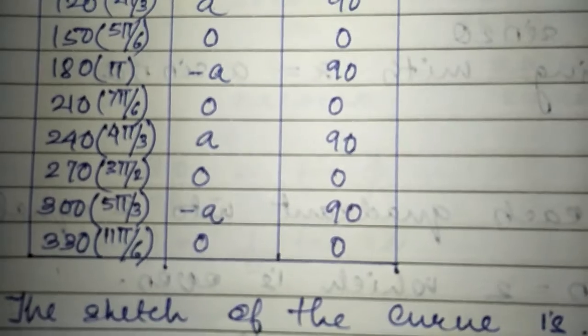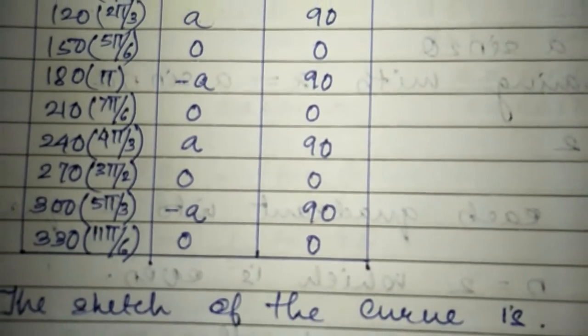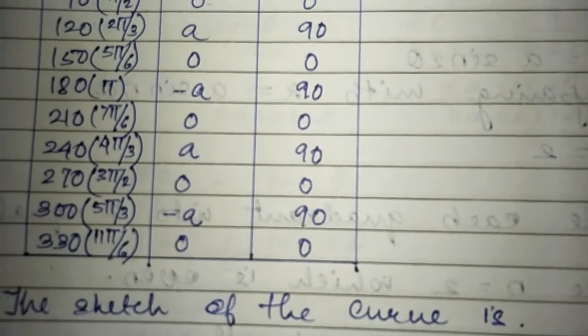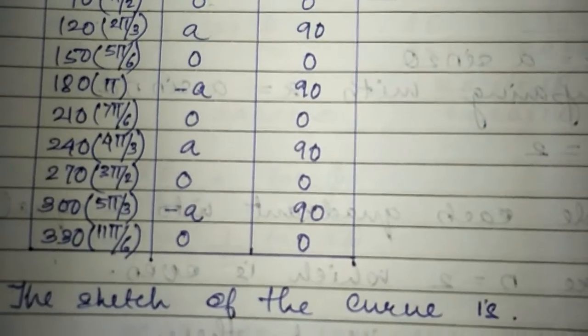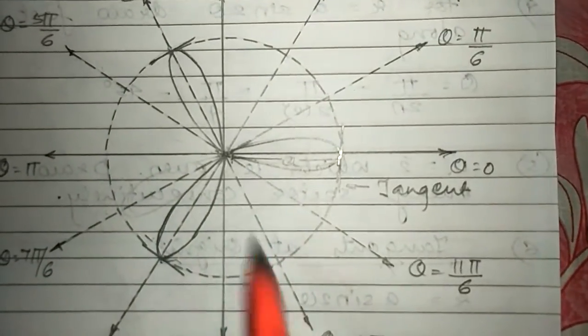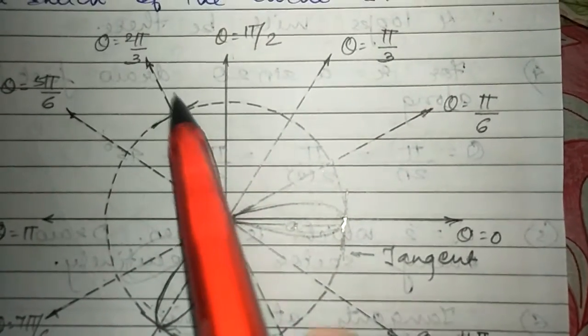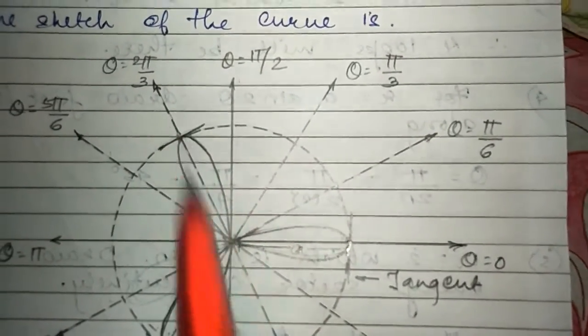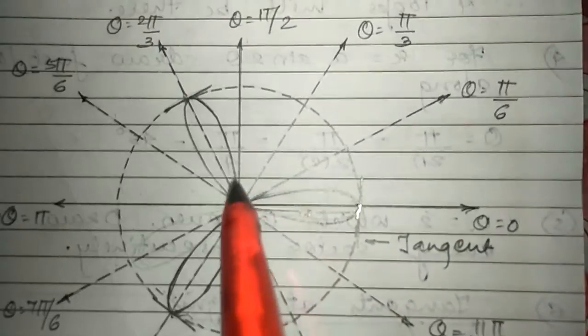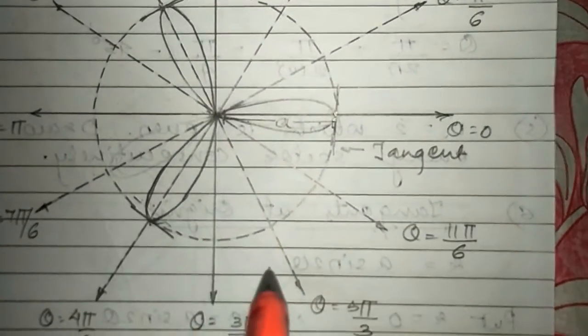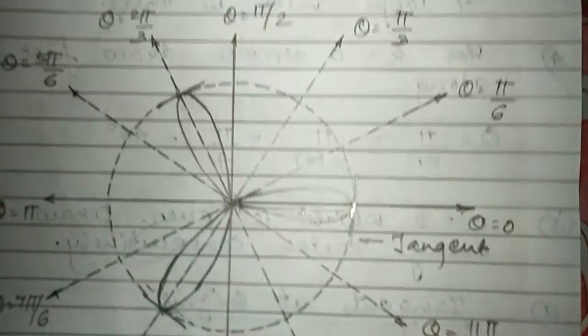Then next comes 5 pi by 3. It is minus a. So it will be how much? For 5 pi by 3, it will be on this side, opposite side. It will be like this because it is minus a. So instead of drawing on this side, we have to draw it on the opposite side.